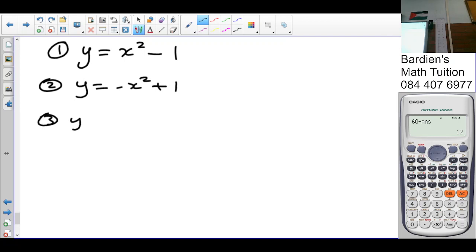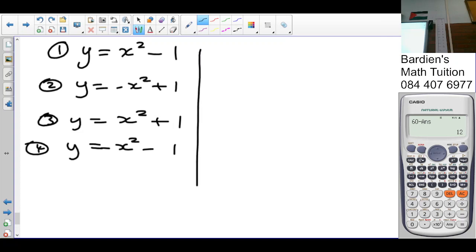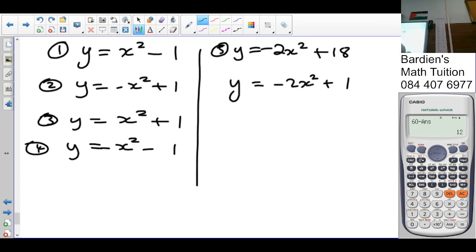The third graph, y is equal to x squared plus 1. Then y is equal to minus x squared minus 1. Then you draw for me the graph y is equal to 2x squared plus 18. Sorry, minus 2x squared plus 18. Y is equal to minus 2x squared plus 1.